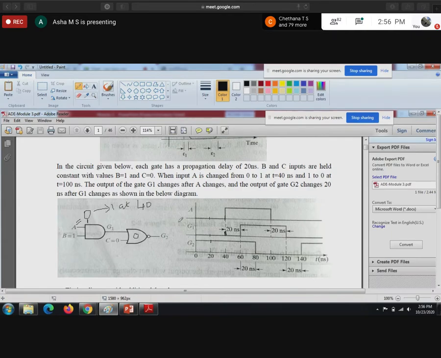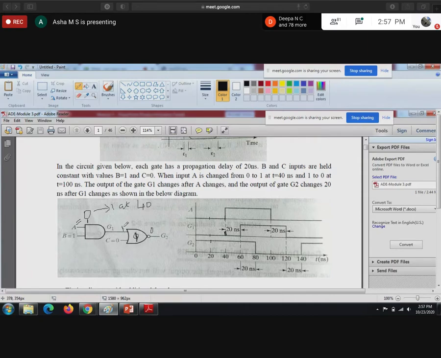Now G1 is changed from 0 to 1. So this is 0. Correct, right? 0 and 1, the OR gate will be 1, but the NOR gate will be 0. At 60, G1 will be changed.